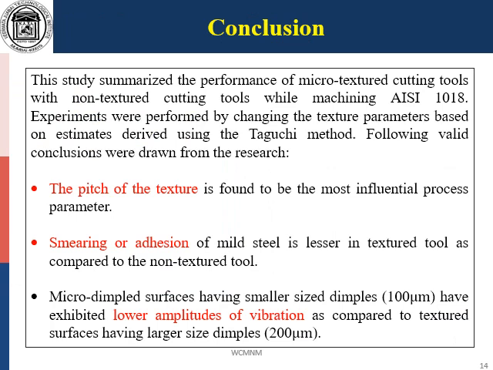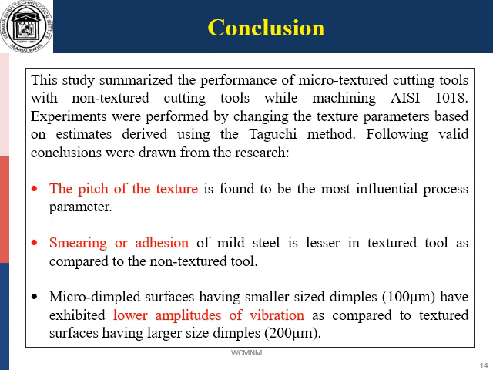This study summarized the performance of micro-textured cutting tools with non-textured cutting tools while machining AISI 1018. Experiments were performed by changing the texture parameters based on estimates derived using the Taguchi method. The following valid conclusions were drawn from the research.